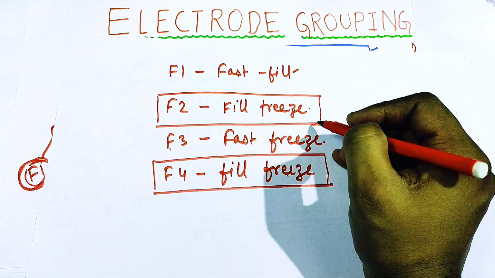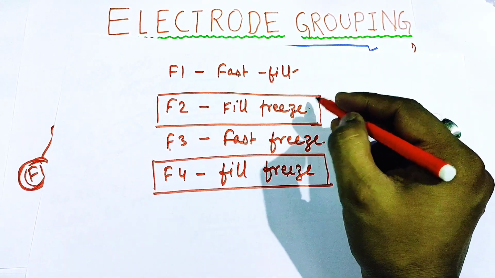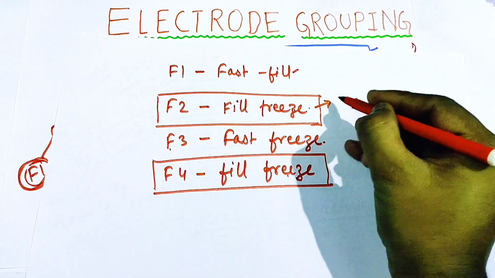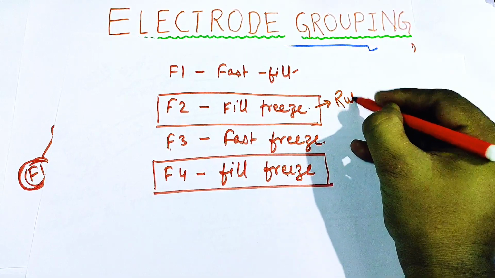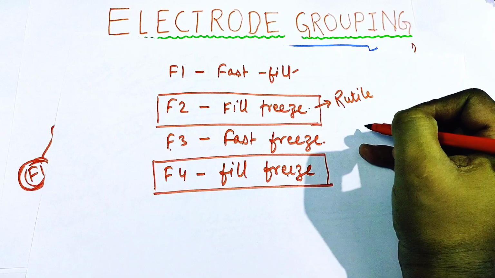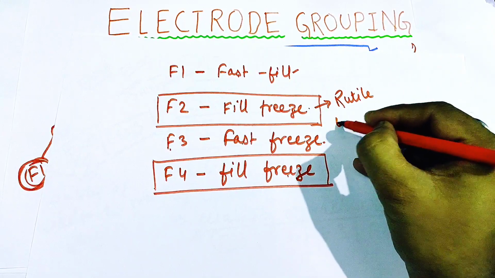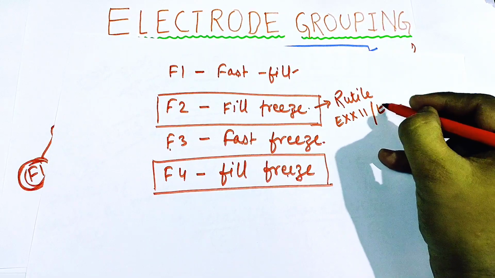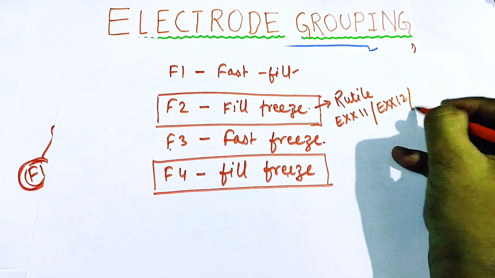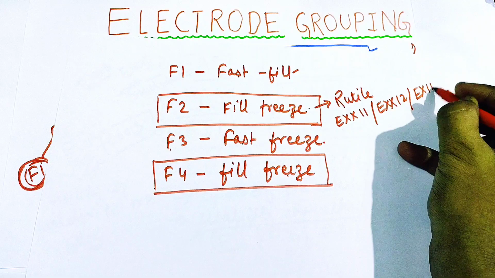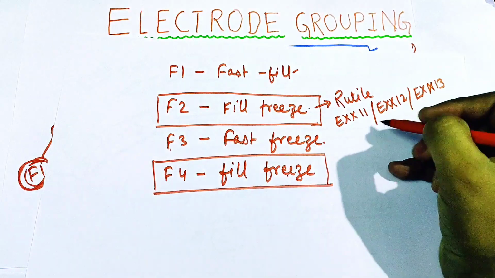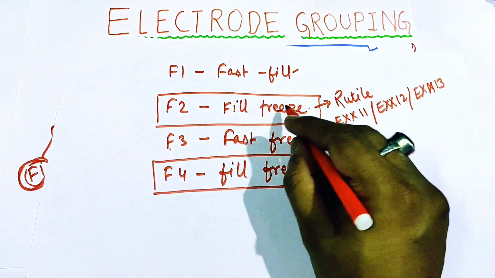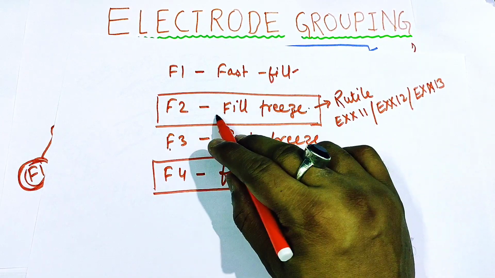See, F2 electrodes are fill freeze electrodes, and mostly the coating of F2 electrodes is rutile in nature, and electrodes having designation 11, 12 and 13, like E6013, come under F2.